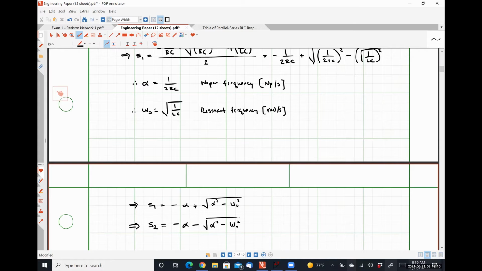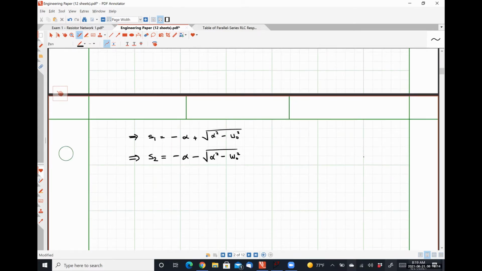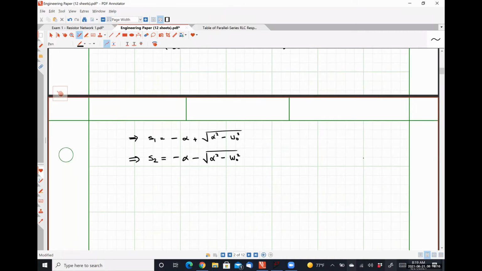So in general, I can see a couple of different things by looking at the values of alpha and omega naught. All right, so let's look at situation number one.